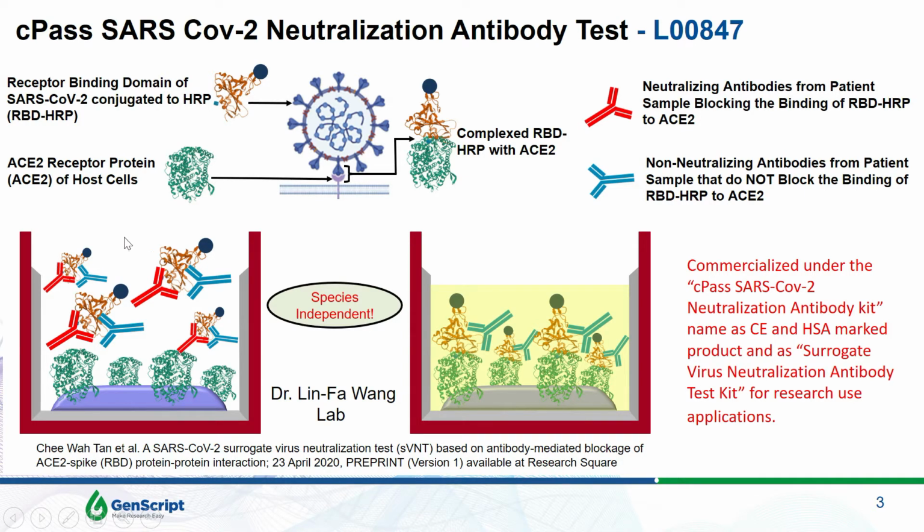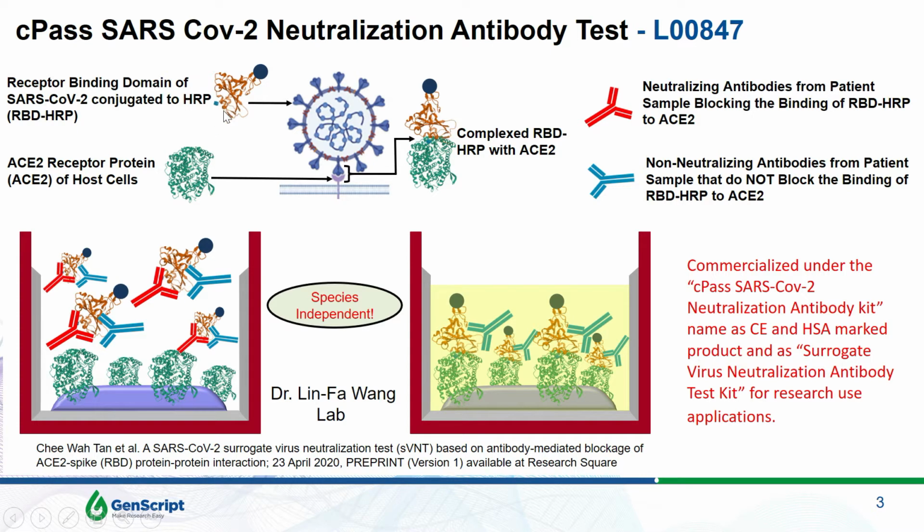So by coating ELISA plates with the ACE2 receptor cytosolic domain, and then presenting the purified receptor binding domain, which is conjugated to horseradish peroxidase, which helps to produce a signal in the assay, we're able to regenerate this binding event.